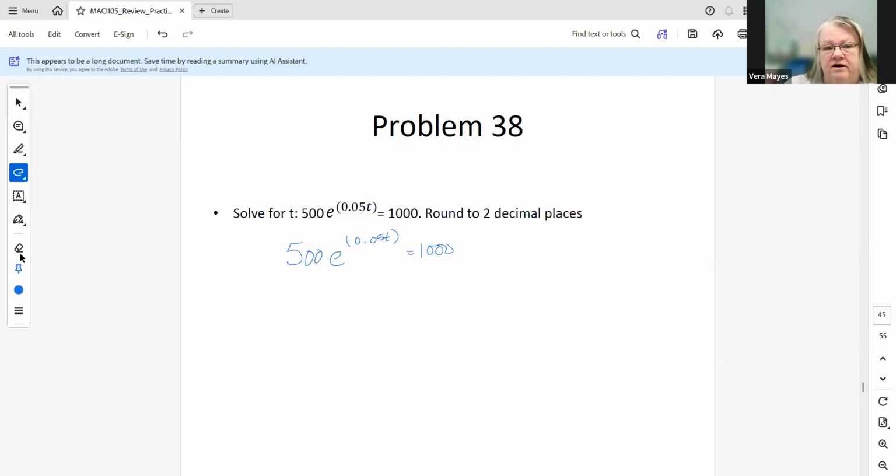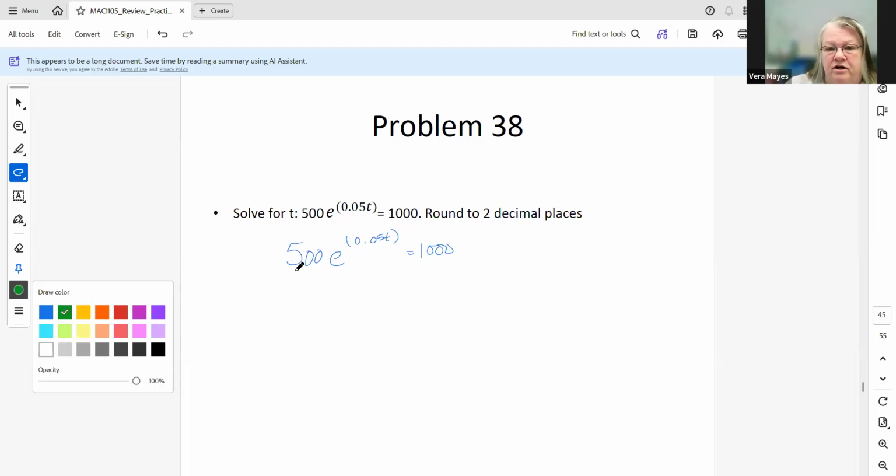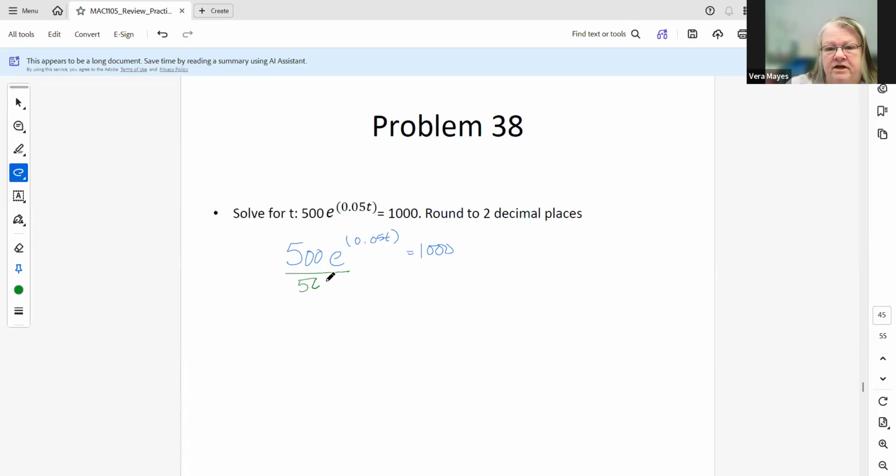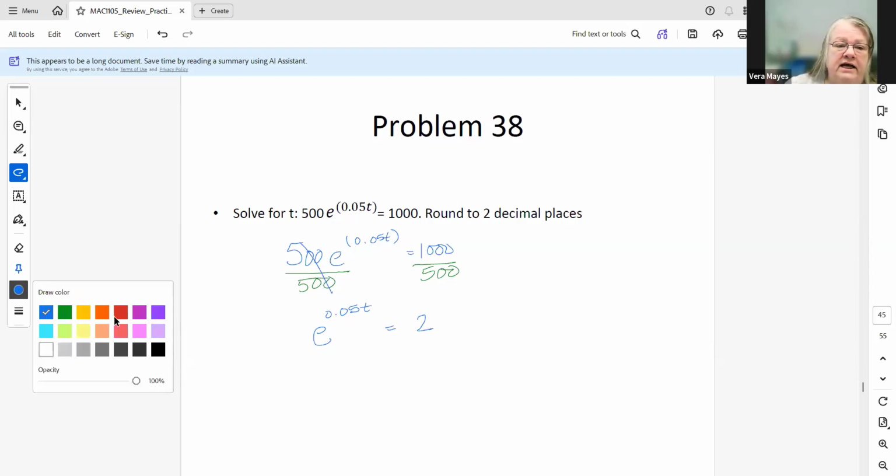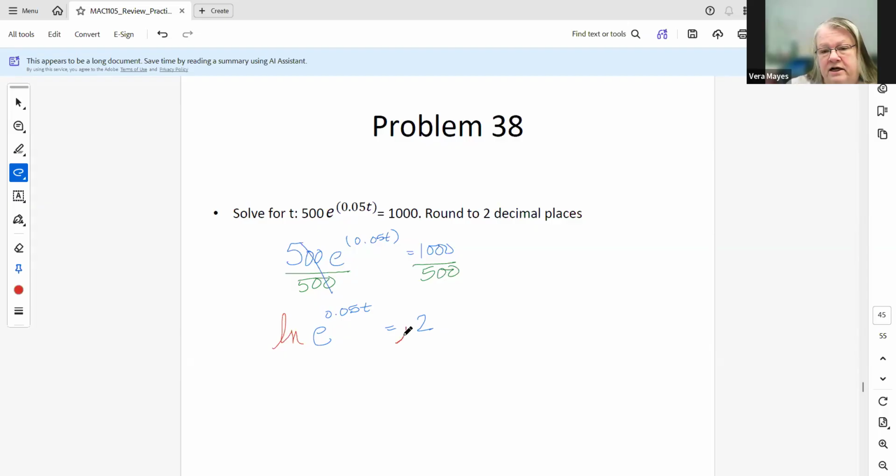So thinking of this like a regular algebra equation to start with, I'm going to go ahead and divide both sides by this 500. So that cancels, leaves me e to the 0.05t equals 2. And now I can either rewrite this using the exponent rule, or I can take the natural log.